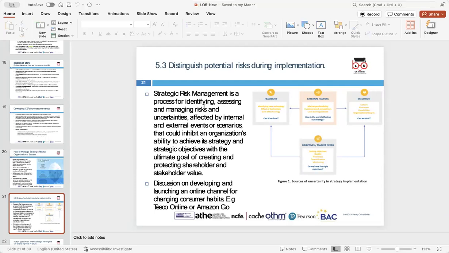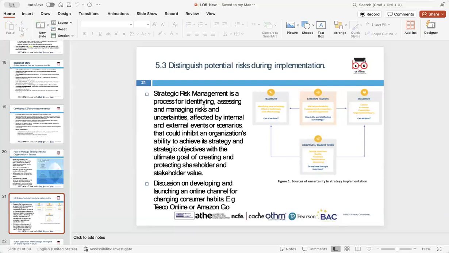These risks could affect the organization's ability to achieve its strategic objectives. The ultimate goal of strategic risk management is to protect and create value for both shareholders and stakeholders. This process is important because it allows organizations to anticipate and mitigate potential threats to their success.